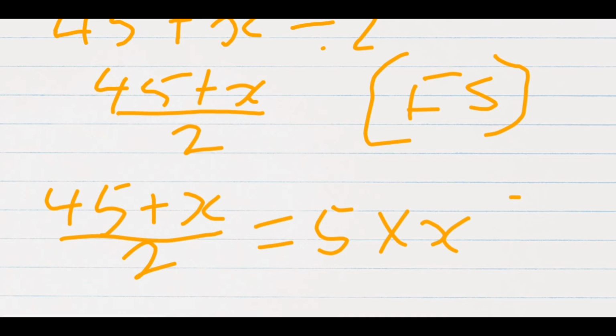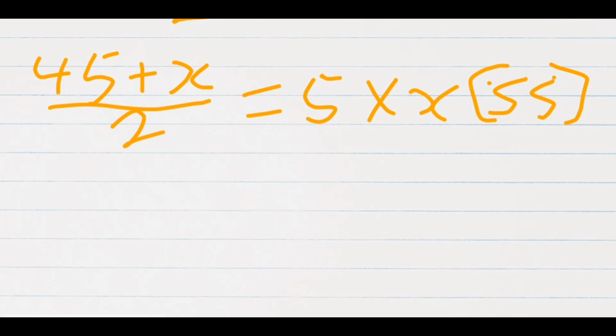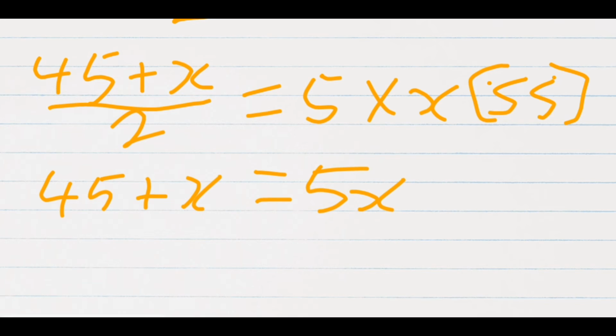And this is what we derive from the second sentence. Now 5 times x is going to give us 5x. So 45 plus x all over 2 is equal to 5x.